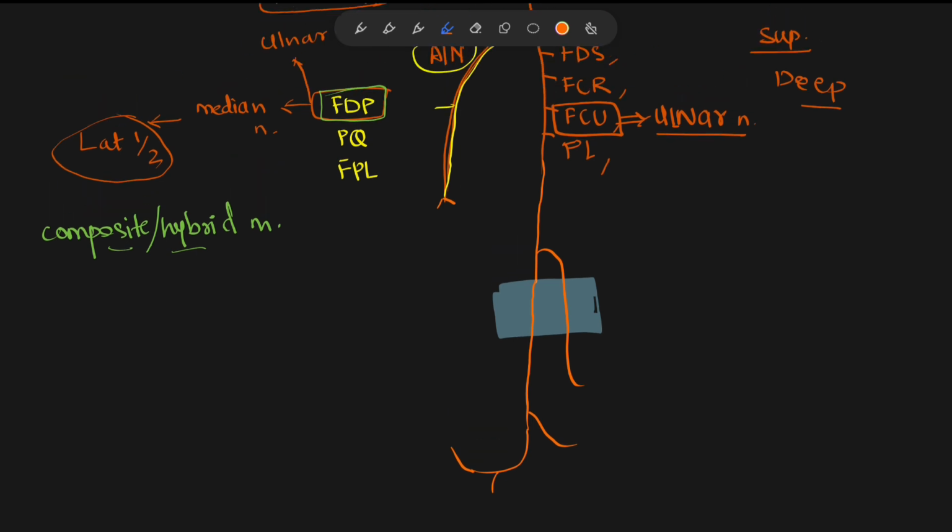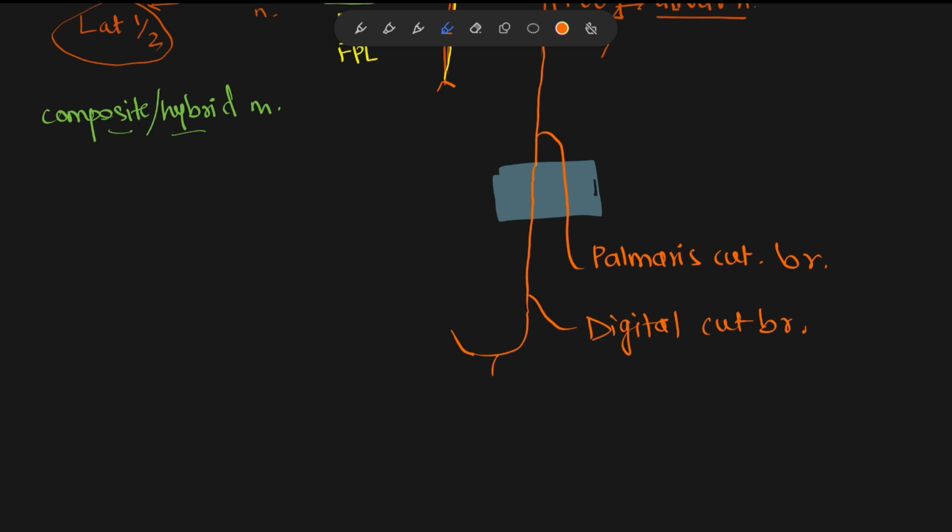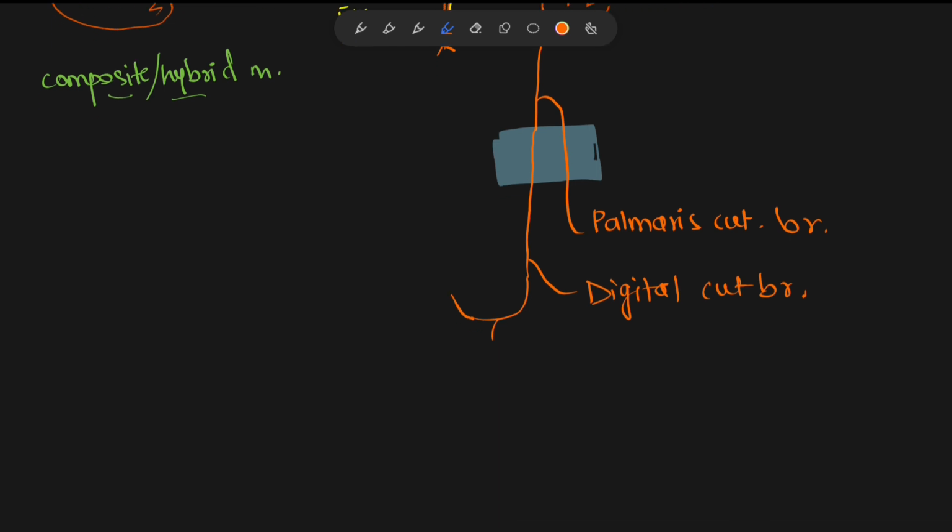Over here it supplies the palmar cutaneous branch, okay, and the nerve which is originating after entering our hand will be the digital cutaneous branch, okay, and then it supplies our lumbricals.